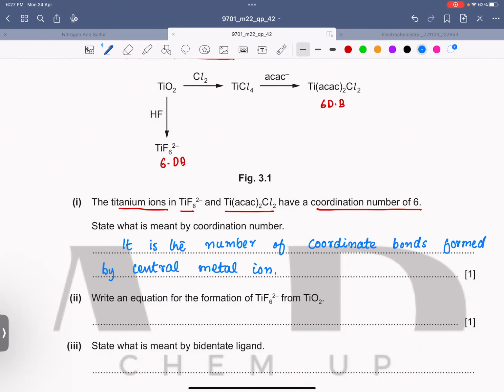Okay. Now, write an equation for the formation of TiF6 from TiO2.